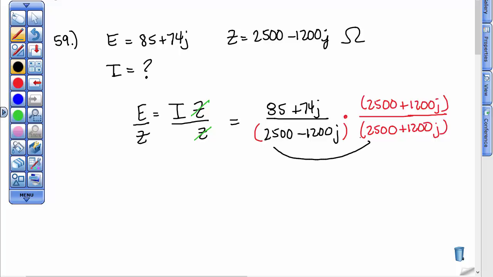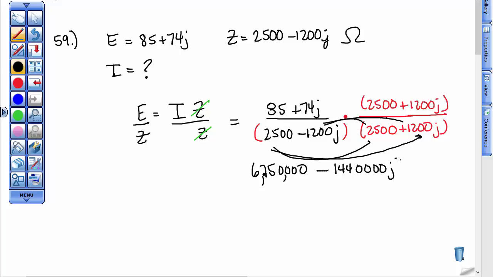So the 2500 times 2500 is 625 with 4 zeros. Don't need to type that one. 2500 times 1200, and then the 2500 times 1200 disappears. And this minus 1200 times the positive 1200 is a minus 144 with 4 zeros. And that's a j squared.